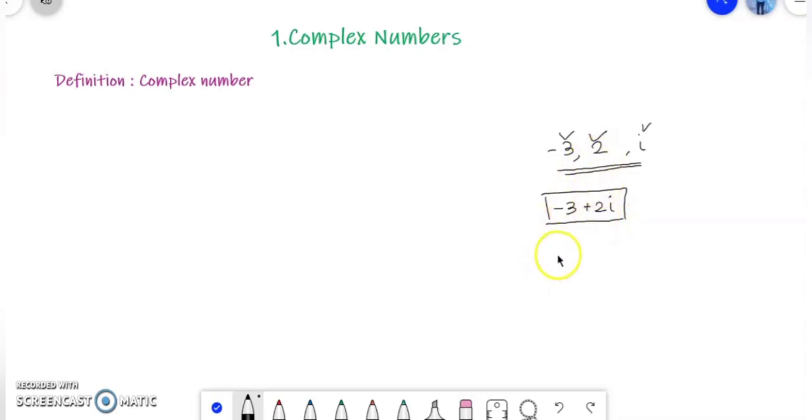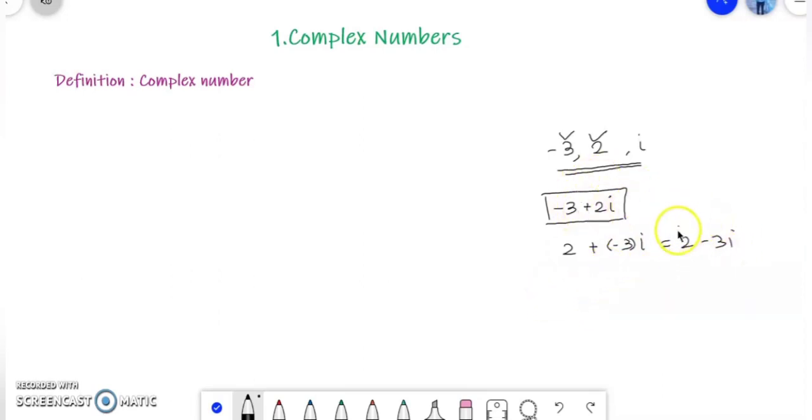Even I can get another complex number from the same 3 and 2: 2 minus 3i. Here I have used 2 plus minus 3 into i. Understood? Suppose I make use of 2 in the beginning and then minus 3 into i, I write in simple manner as 2 minus 3i also. That is also fine. So this is a complex number.